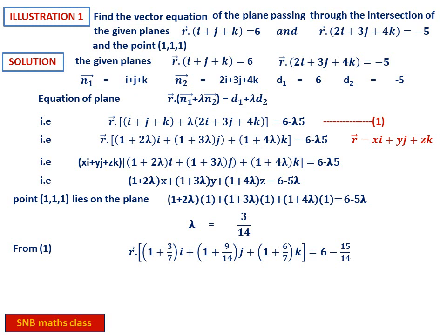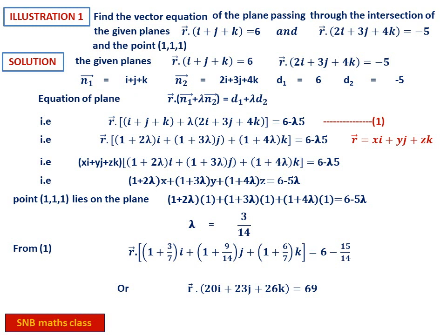So you get r dot (1 plus 3 by 7) i plus (1 plus 9 by 14) j plus (1 plus 6 by 7) k equal to 6 minus 15 by 14. So this is the answer equation. Or you can also write, since 14 is in the denominator, you can multiply by that so that you can simplify.